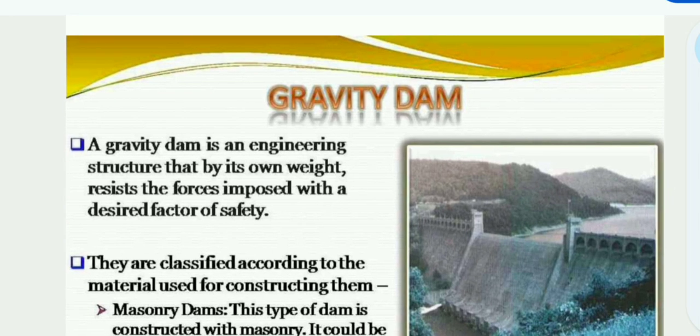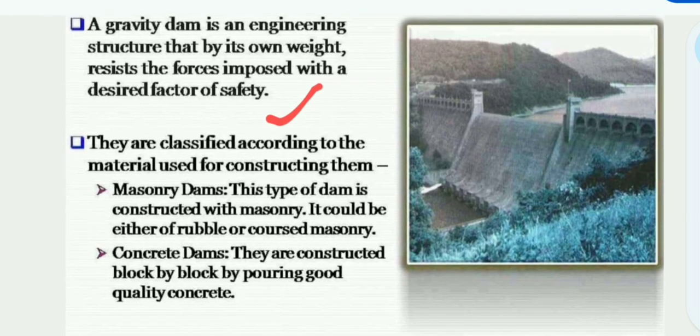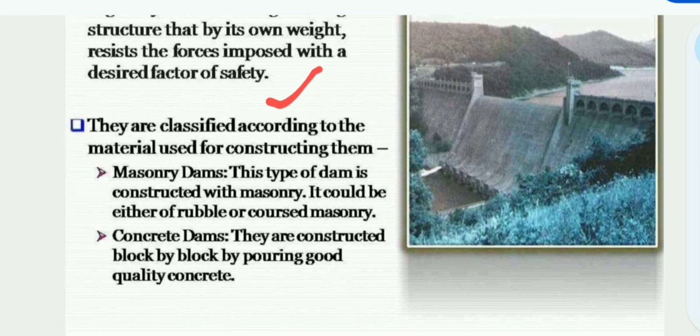Gravity dam. What is a gravity dam? A gravity dam is an engineering structure that by its own weight resists the forces imposed, with a desired factor of safety against sliding and overturning. They are classified according to the material used for constructing them.